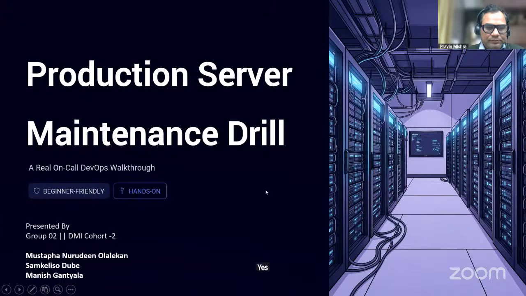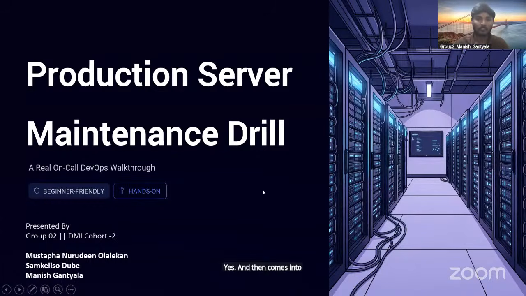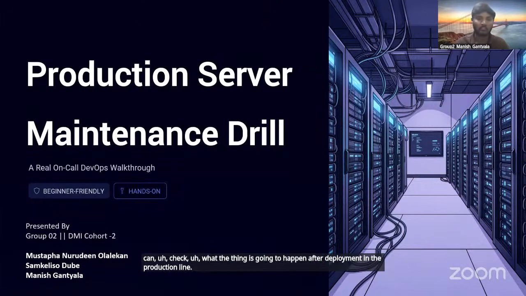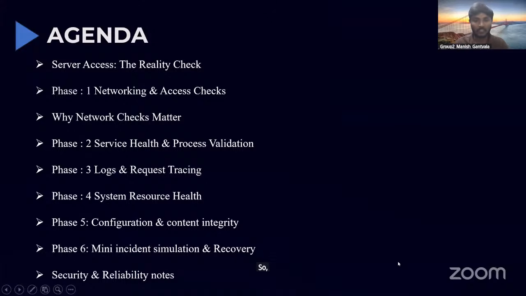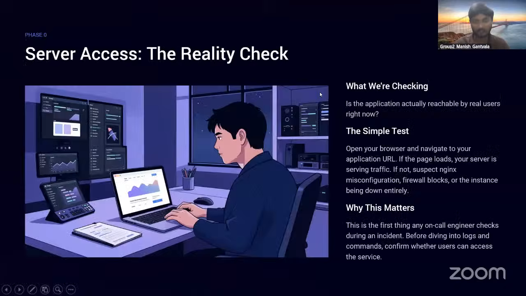Yes. And then comes production server maintenance. It is an ops call, where the on-call DevOps engineer checks what is happening after deployment at a production level. So there is an agenda for checking this.